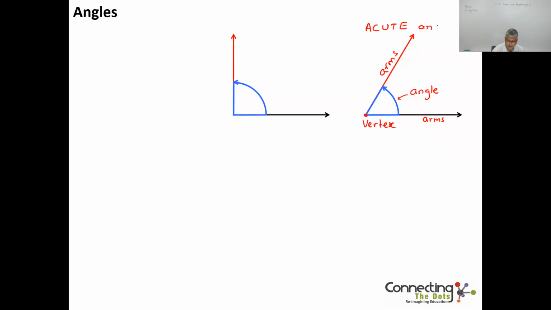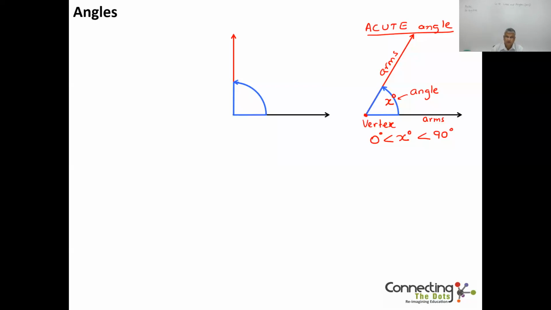Acute angles are more than 0 degrees and less than 90 degrees. So if this angle measures X degrees, then X is more than 0 and less than 90 degrees. That is our acute angle.